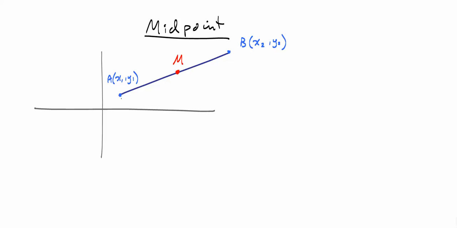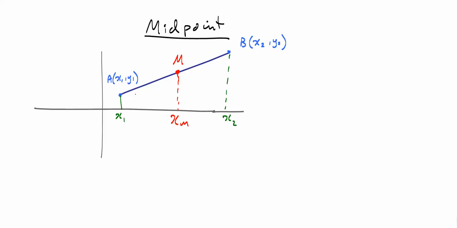Well, first of all, on the x-axis, we know that the x-coordinate of A is x1, the x-coordinate of B is x2, and we'll let the x-coordinate of M be xm. And that is what we want to find.